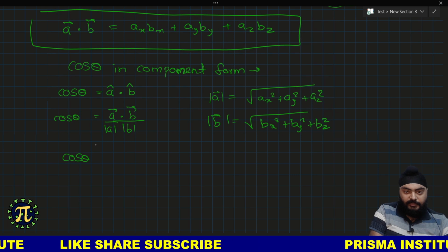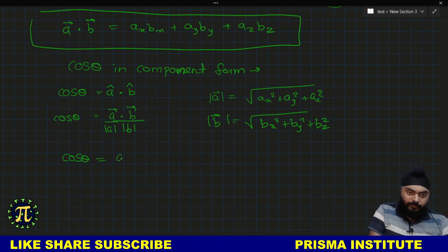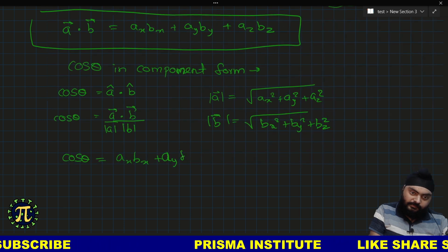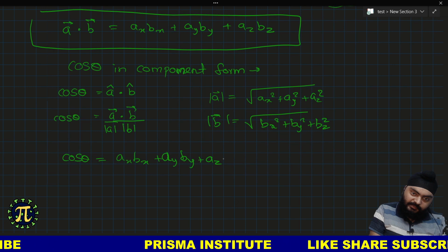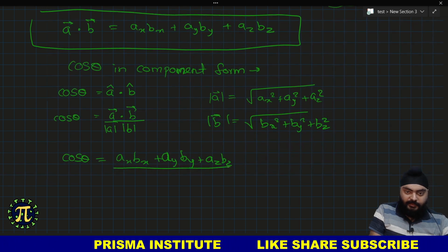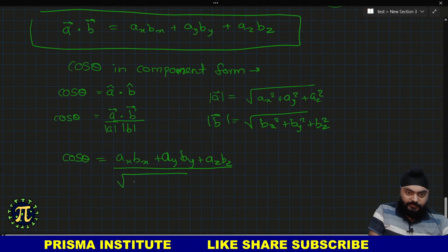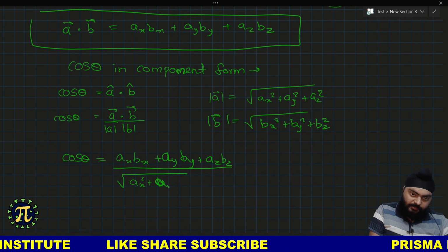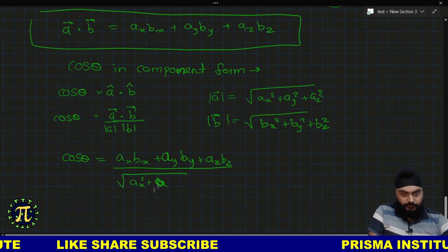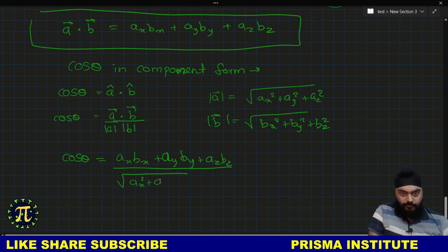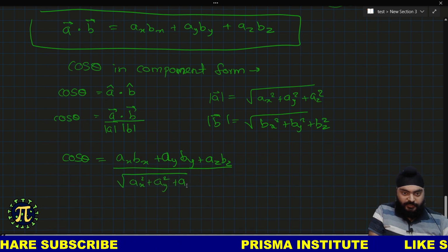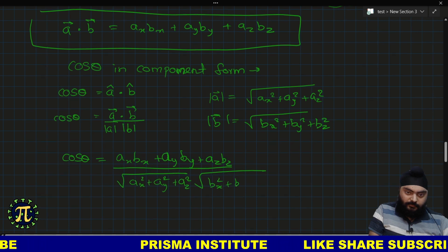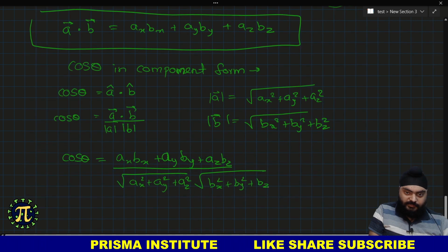And what is its value? So this is a dot b. What is a dot b? So ax bx, x component with x component, ay by plus az bz, divided by modulus of a, which is root of ax square plus ay square plus az square, into root of bx square plus by square plus bz square.